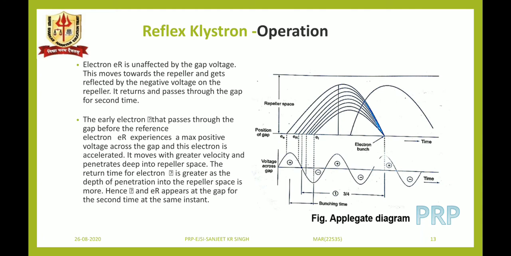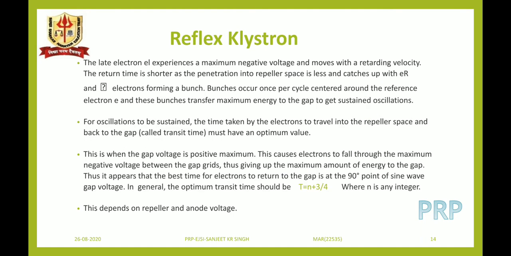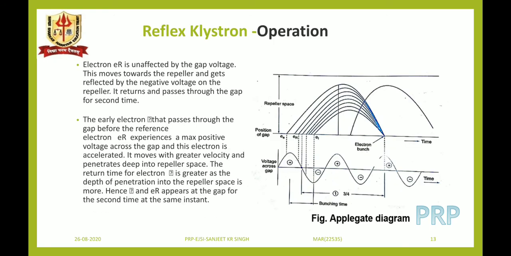The time at which the electron beam should return from the repeller space is given by n plus 3/4, where n is any integer. This is the optimum time, and that optimum time is 90 degrees after one complete cycle with respect to the reference.